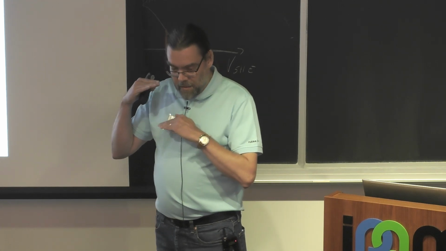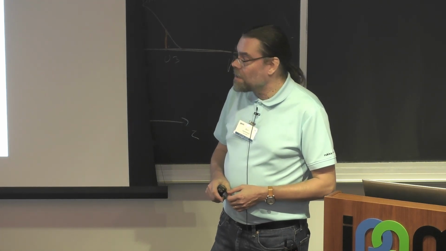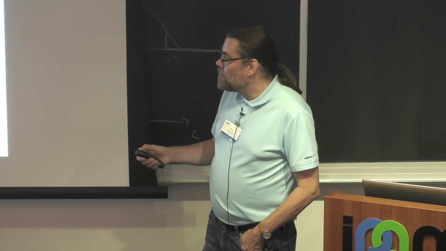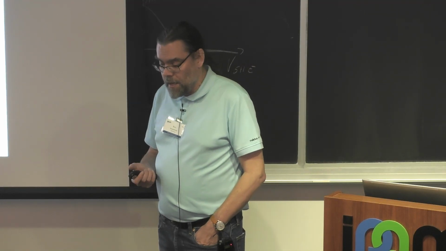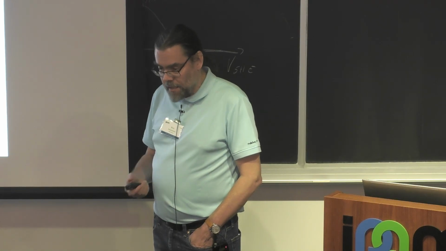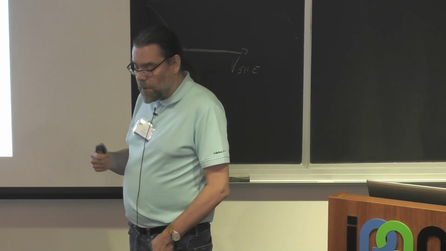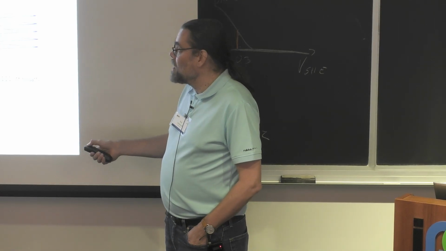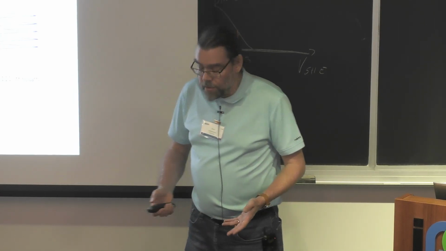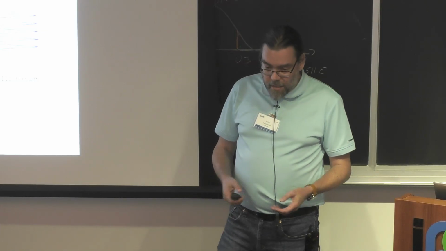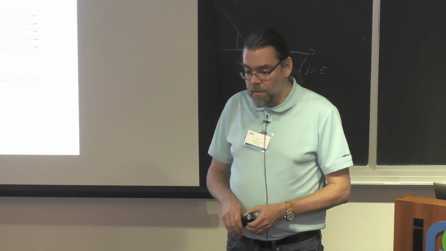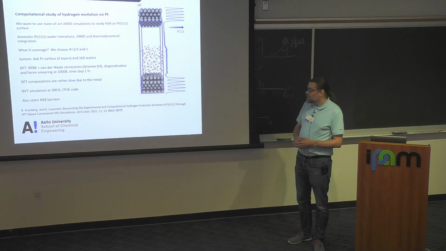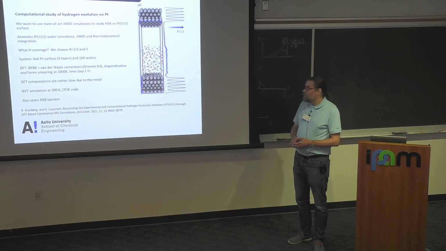But the metal is, of course, a metal, so there the convergence is a bit slow, and it is a computationally slow process to get the metal wave functions to converge at every single ab initio MD time step. Our time step is 1 femtosecond, so we have to do tens of thousands or hundreds of thousands of steps. That is a challenge.